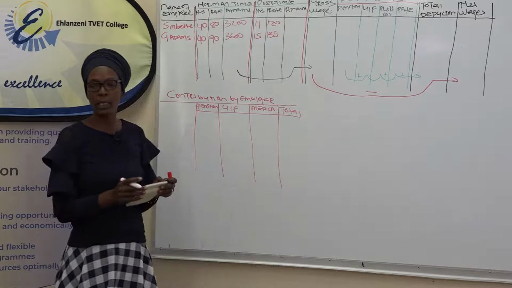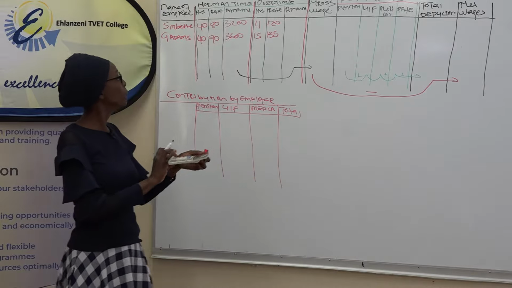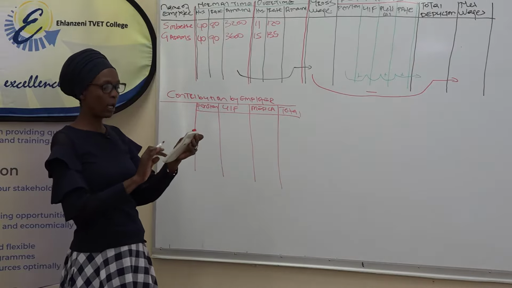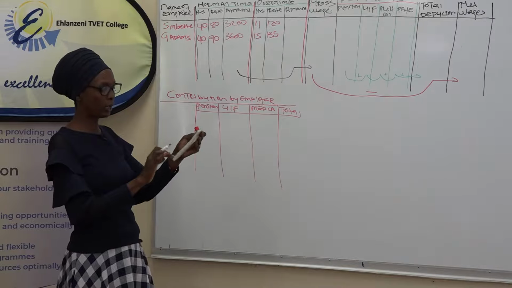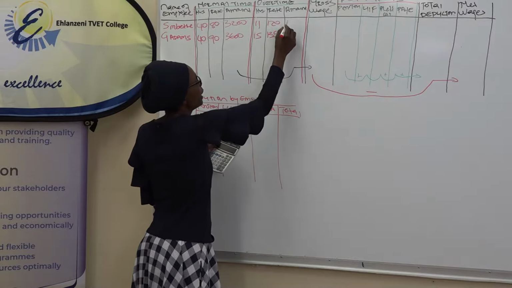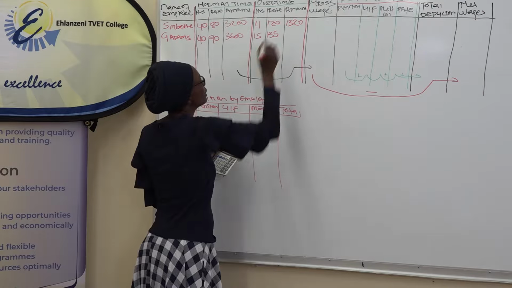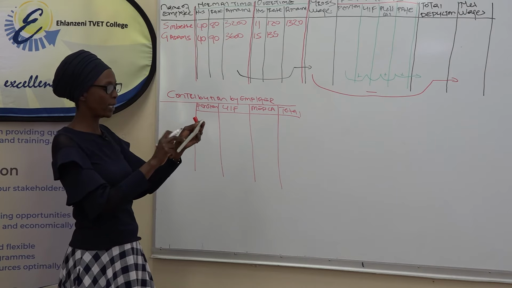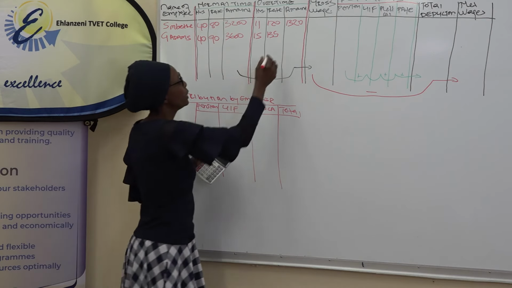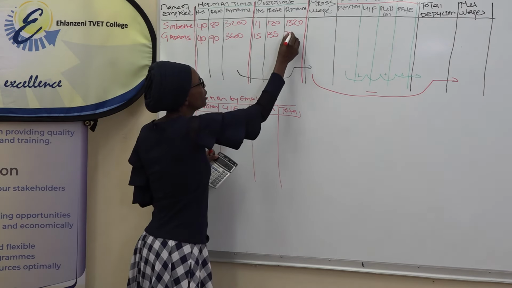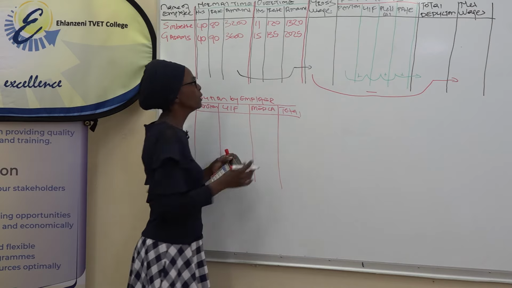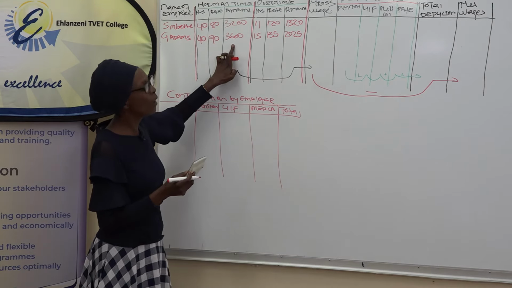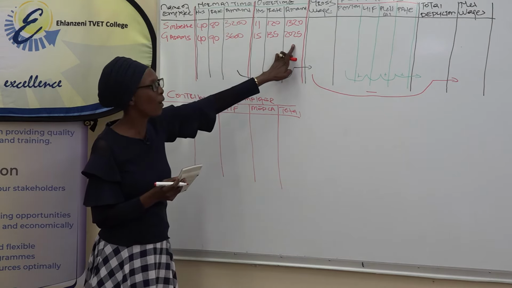Then let's calculate the amount for overtime. It's 11 hours multiplied by 120. The amount is 1320. Then the second employee, 15 multiplied by 135. The amount is 2025. This is the amount for normal, this is for over.